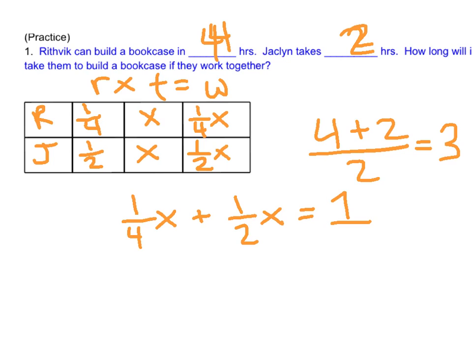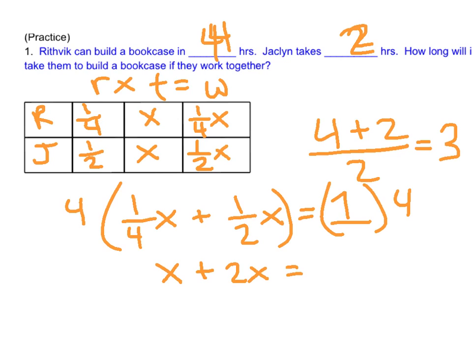So in this case, I'll do that. So multiply both sides by 4. Multiply this side by 4 as well. So that's going to leave me with x plus 2x equals 4. 3x equals 4. Therefore, x equals 4/3, or 1 1/3.